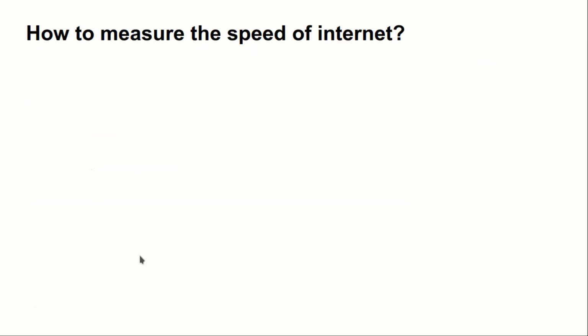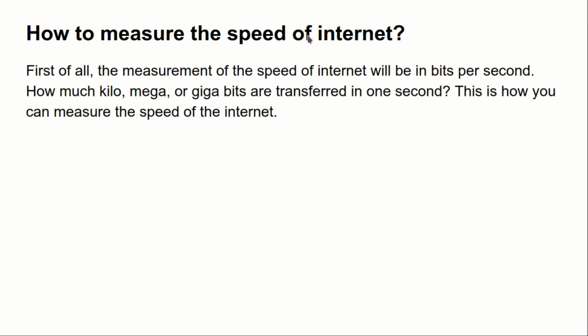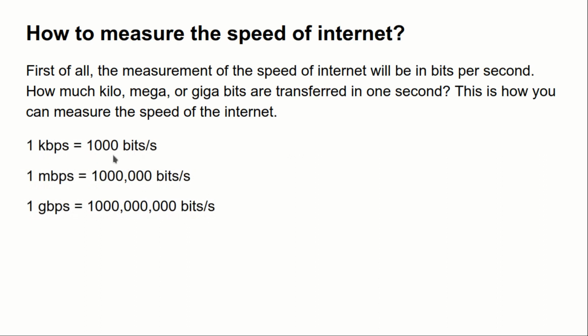Alright. So, how do we measure the speed of the internet? Basically, the measurement of speed is in bits per second. So how many bits are transferred in 1 second will be the speed of the internet. How many kilo, mega or gigabits are transferred in 1 second will identify the speed of the internet. So 1000 bits transferred in 1 second is equal to 1 kbps, kilobits per second.